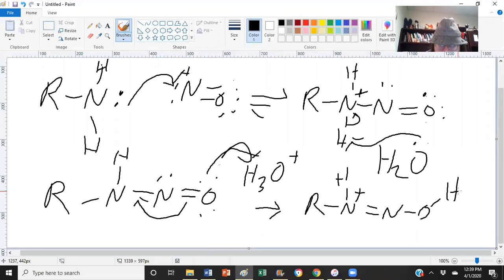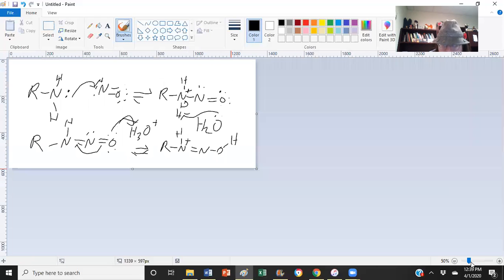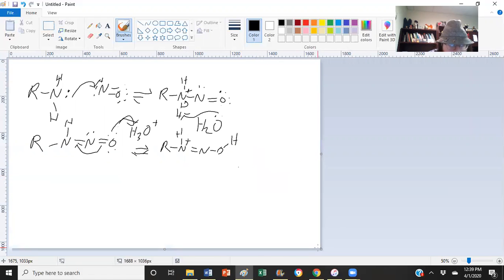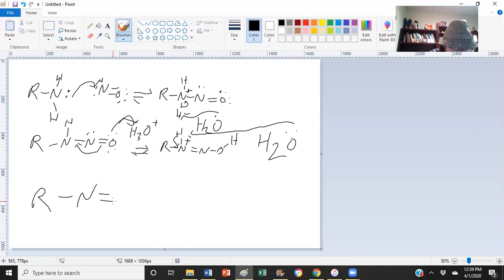And of course, this can resonate back and forth given the positive charge on the oxygen or the positive charge on the nitrogen. We're going to just repeat that again. Water is going to deprotonate to make acid. And then acid is going to protonate to form a good leaving group.